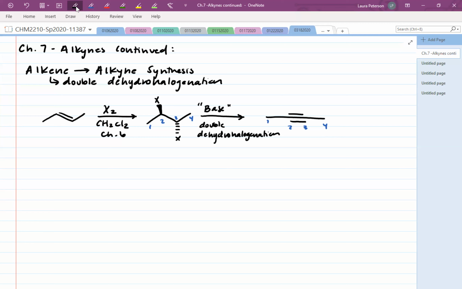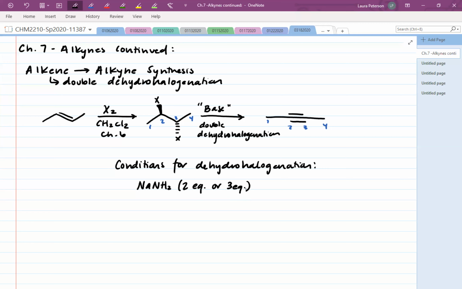So what are the conditions for dehydrohalogenation? The first condition would be NaNH2 in either 2 equivalents or 3 equivalents.